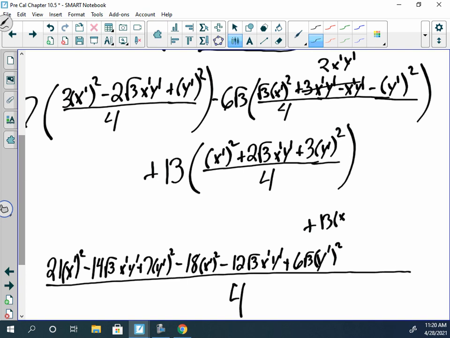Then 13 x prime squared plus 26 square root of 3 x prime y prime, and then plus 39 y prime squared.